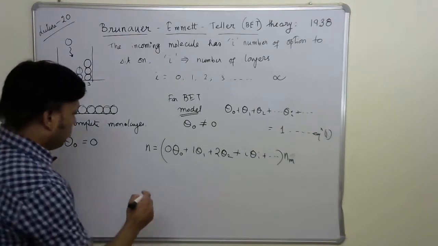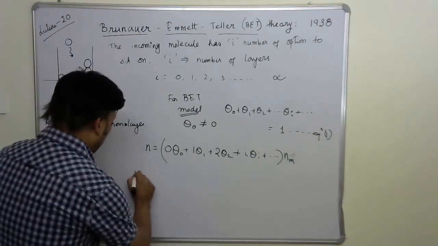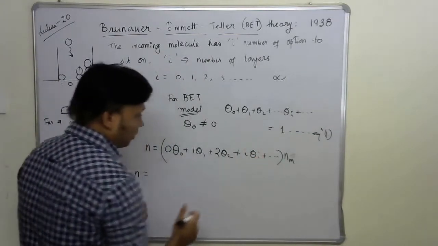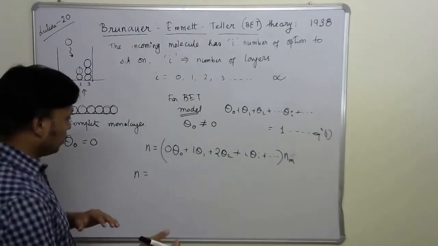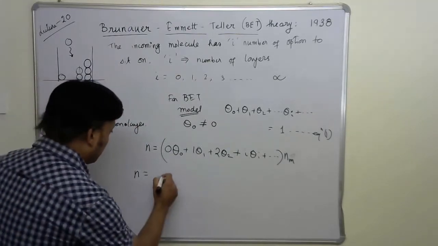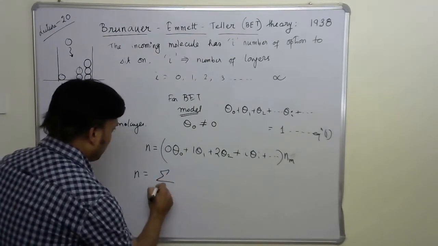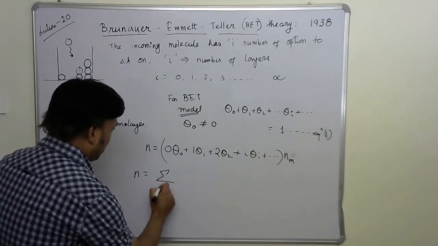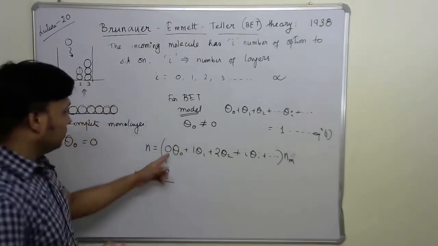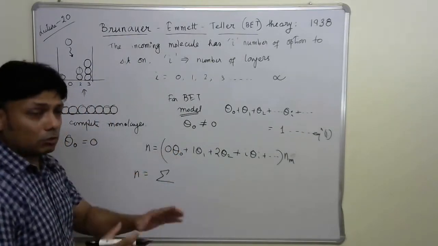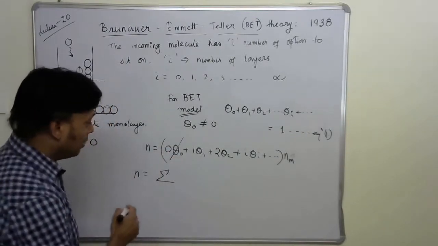Now we can express this summation in a mathematically shorter form. 0 multiplied by theta 0 means 0, so we can neglect that term.